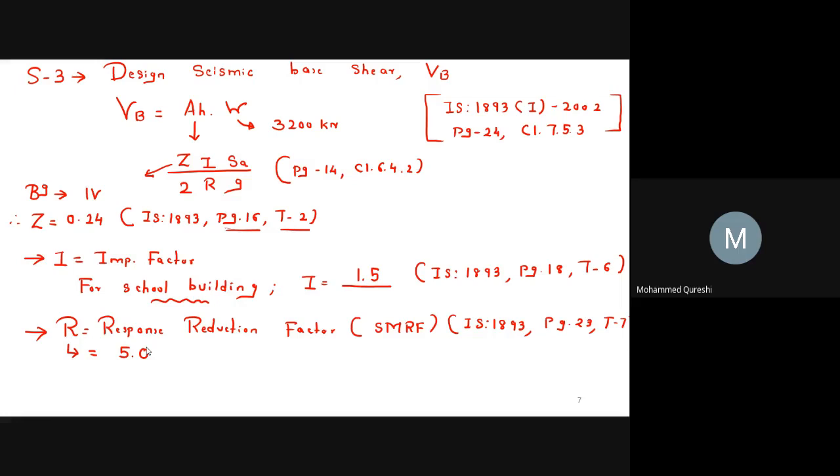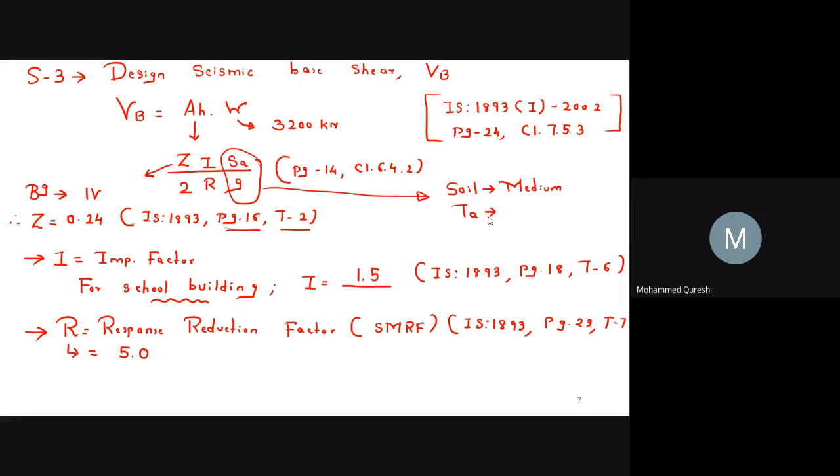Now, the last value is SA by G, which is still unknown for us. So, for SA by G, I told you in the previous lecture that the value of SA by G depends upon the type of soil. Here in the given data, the type of soil is medium, and the second parameter is time period.